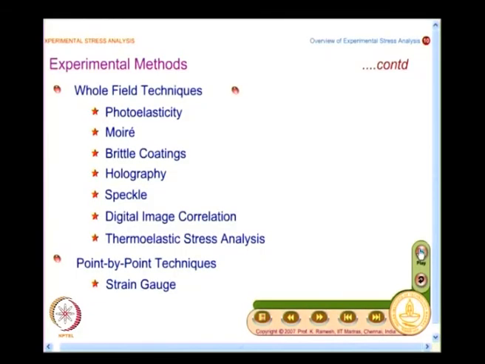And you have a point by point technique, and here you have the widely used strain gauges. I say it is widely used, but I also caution that it is a widely abused technique, because people have to paste a strain gauge, and pasting a strain gauge is such a boring exercise, and you have to be trained in pasting strain gauges.